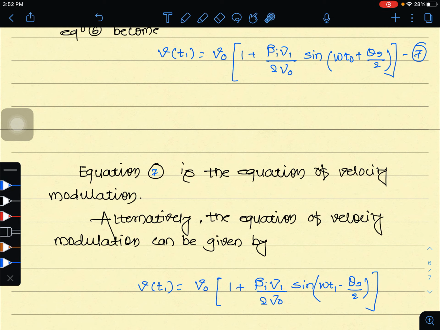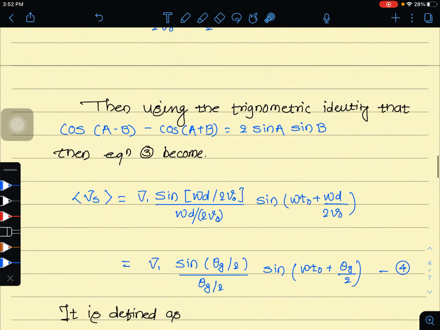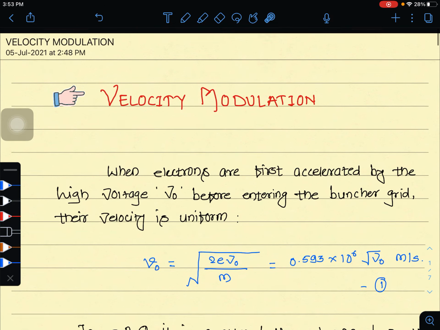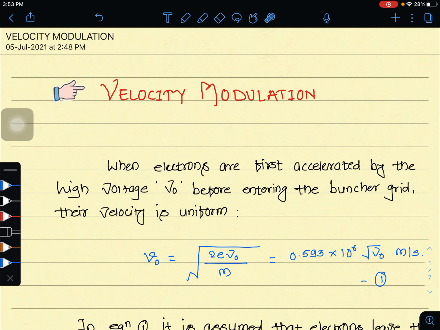In the first, t0 is used for the entering time of the electron, and t1 is the exiting time of the electron. So it is another equation for velocity modulation. That is all about velocity modulation and the buncher process.